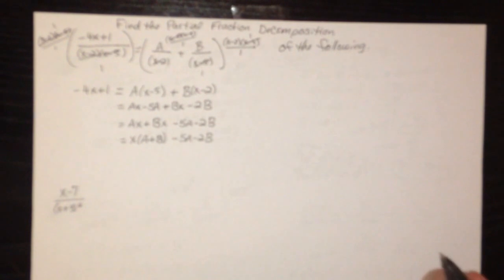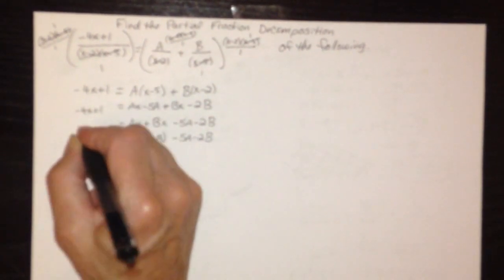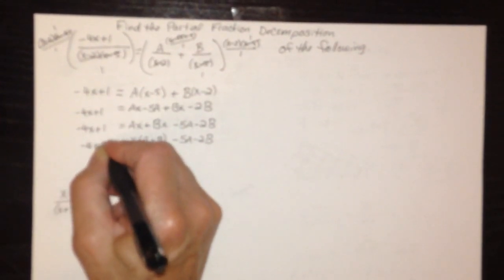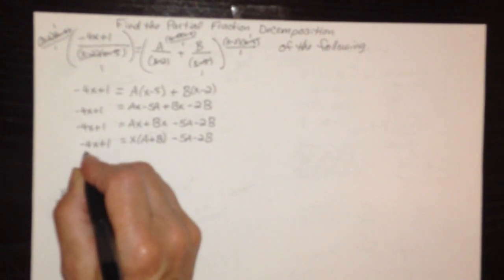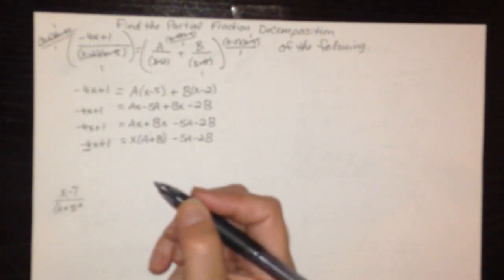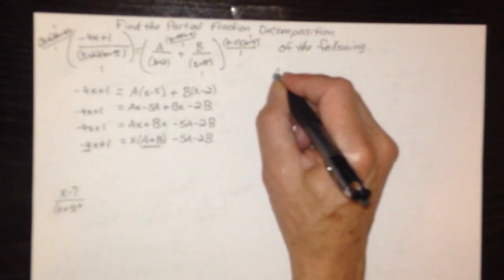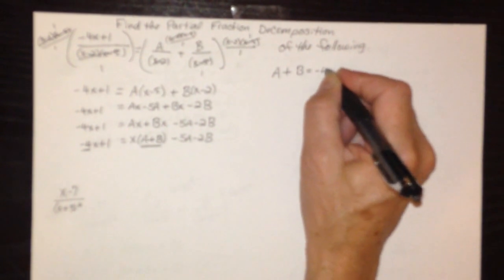Because the key to solving this equation for a and b is, we're about to equate coefficients. So on the left-hand side, all this time, I haven't done anything to the left-hand side. I have negative 4x plus 1. Now what I mean by equating coefficients is I'm going to set the coefficient of the x term equal to each other. I'm going to set the coefficient negative 4 equal to the coefficient of the x term on the right-hand side, a plus b, giving me this equation, a plus b is equal to negative 4.